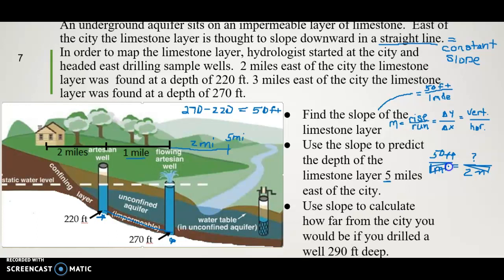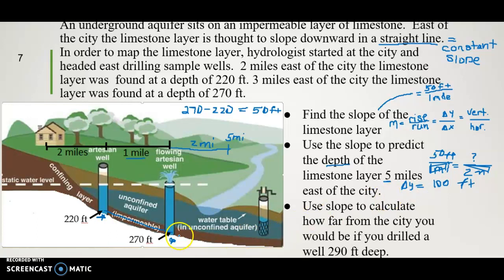We know that slope remains constant, so they are changing at 50 feet per mile. Oh, my pen today is really difficult. If I solve this, I can cross multiply. So 50 times 2 is 100 equals the question mark, and so there is a change of 100 feet. Now, that's not the answer though, because they don't ask how much it changes, they ask me the depth. I have to keep in mind that when I'm solving this proportion, I am finding the change in y, not the y value itself, but how much it changed.